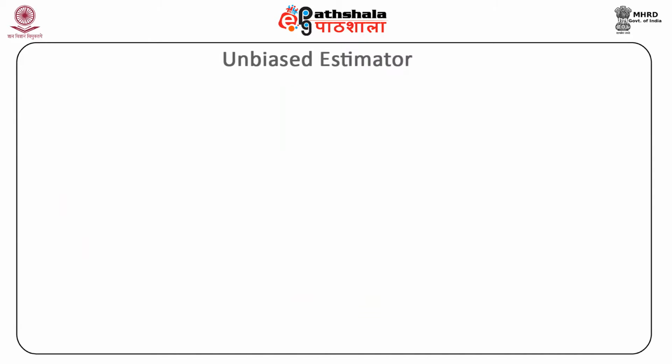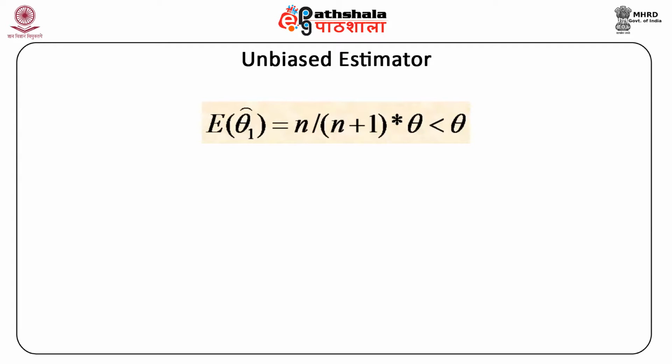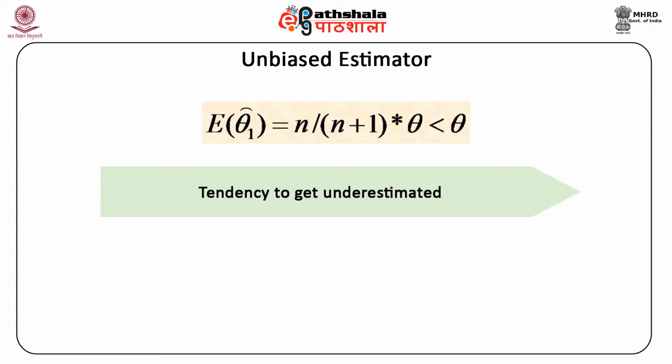Precisely, it can be shown that the expectation of theta hat is equal to n upon n plus 1 into theta, which will be less than theta. Hence, this estimator has generally a tendency to underestimate and hence creates a bias in the estimate.